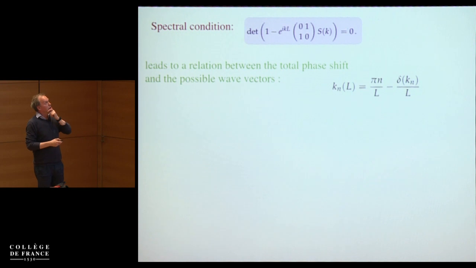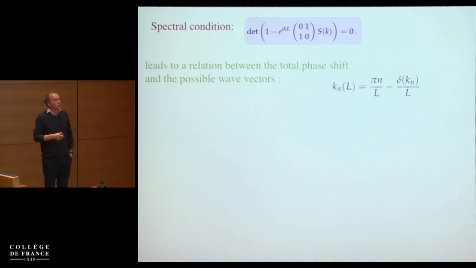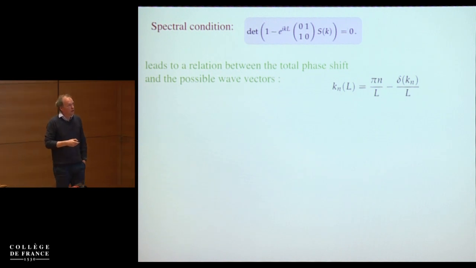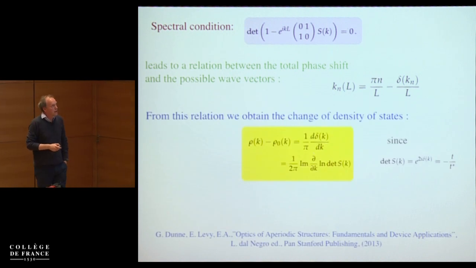Now, this spectral condition allows you to get a relation between the total phase shift and the possible wave vectors inside your structure. And this is the relation. You see that the possible wave vectors are related to the undisturbed part and the phase shift at a given solution. When you solve this, you get the spectrum. What is nice about this is that this extremely simple relation leads immediately to an expression for the change of density of states.